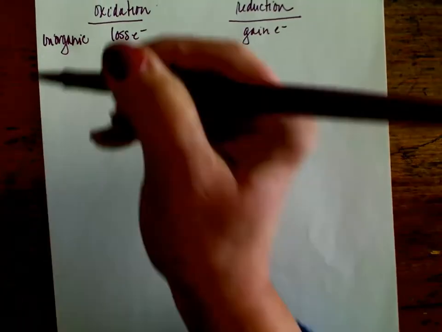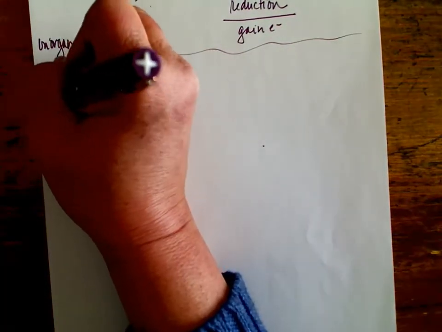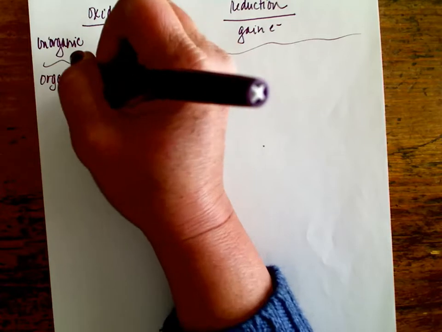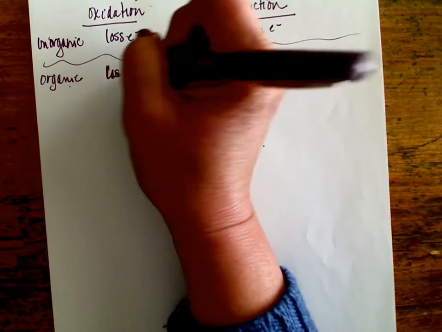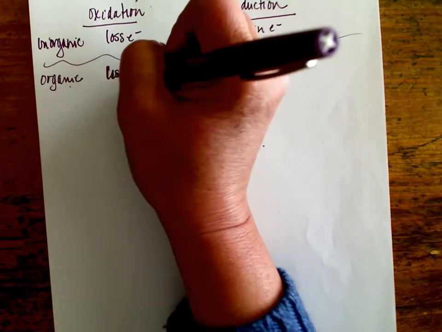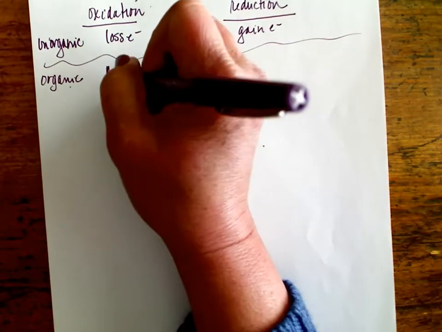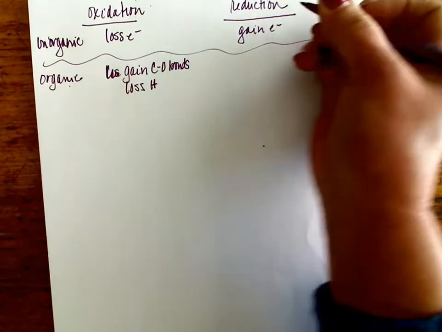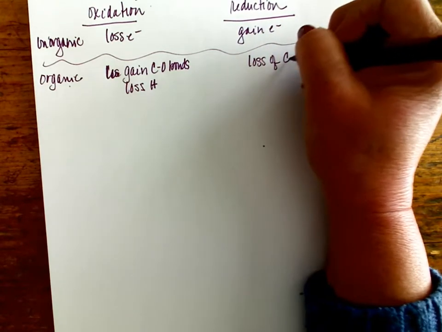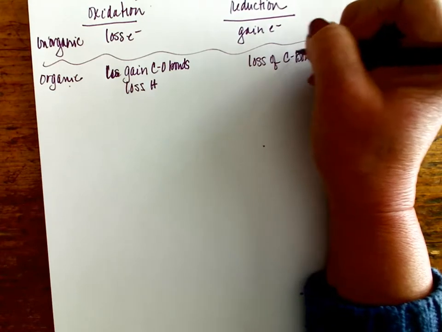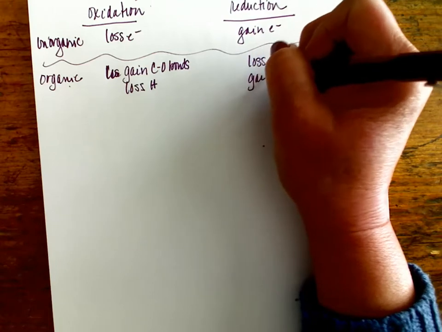Our focus will be on the organic definition, which is gain of C-O bonds for oxidation, loss of hydrogen, reduction, loss of C-O bonds, sorry, and gain of hydrogen. Okay.